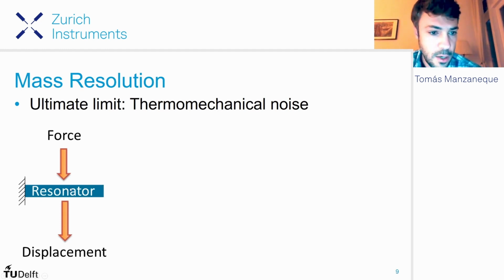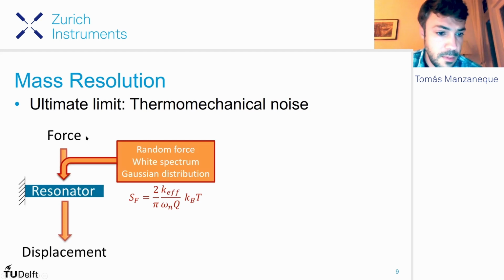So we can model this quite easily by considering a random force on top of the force that we apply to interrogate the resonator. This random force has a wide spectrum and Gaussian distribution, and the fluctuation dissipation theorem tells us exactly what is the power spectral density of that force.